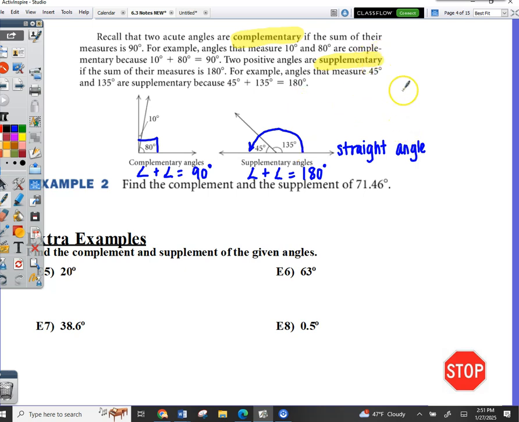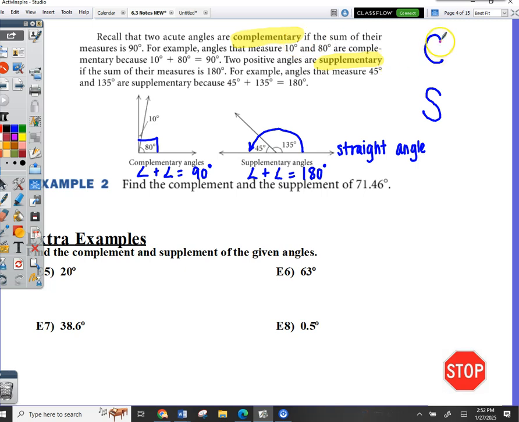Now, here's a corny little way to remember this. Y'all ready? You're going to want to write this down. Complementary starts with a C, right? And supplementary starts with an S. I learned this from a student who remembered it from an 8th grade math class.